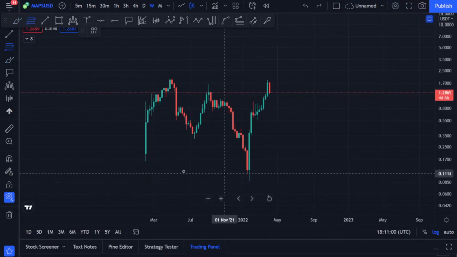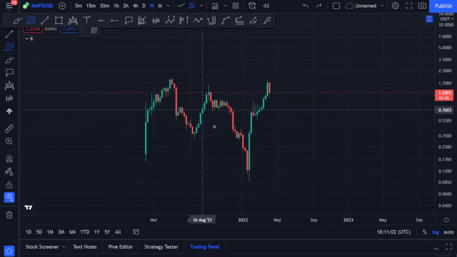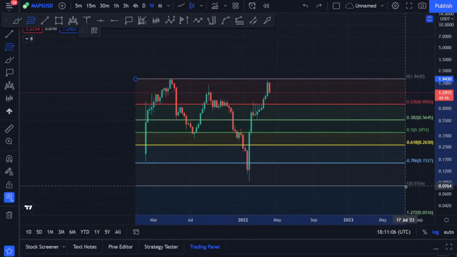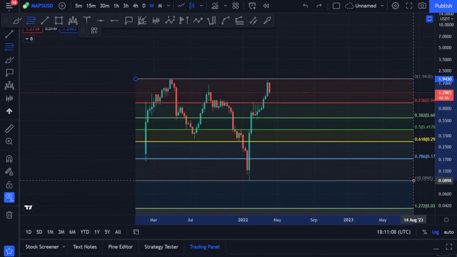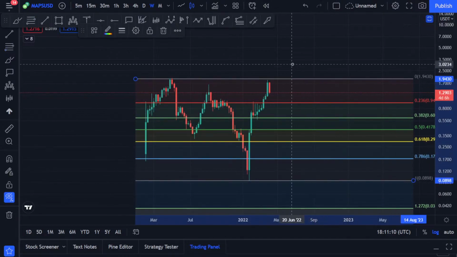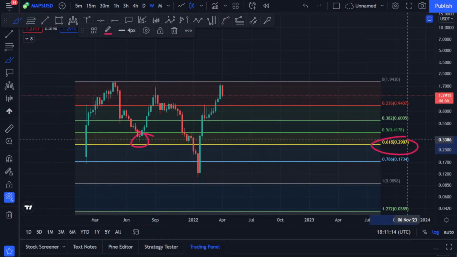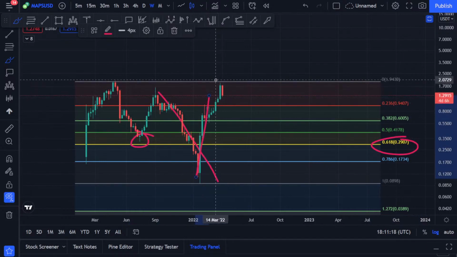Now let's take a look at the whole formation. You can see clearly, yeah, so this area was supported by the 0.618, came down, made a recovery. So it's getting rejected from this high over here, okay?